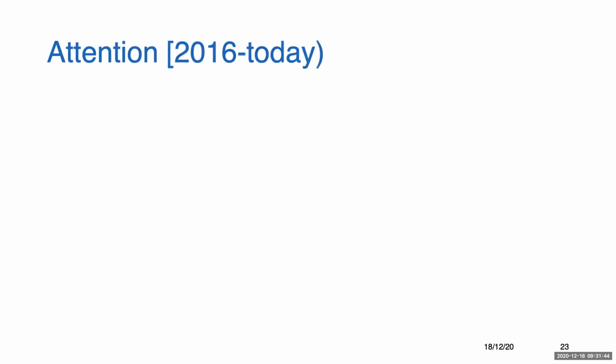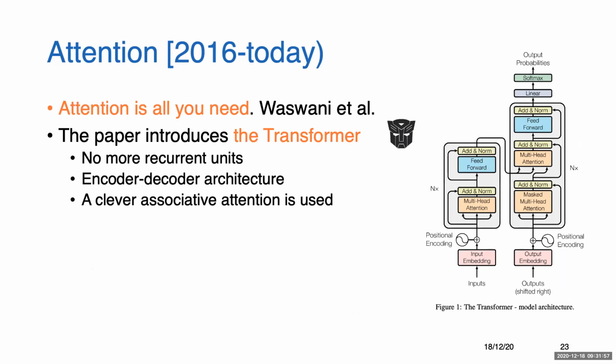Now, the last few slides: attention from 2016 up to nowadays. As I mentioned in the first slide, the paper "Attention Is All You Need" was published, and it introduced the transformer architecture, which doesn't use recurrent units anymore.